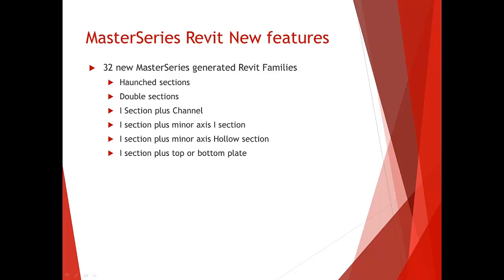Perhaps one of the most significant new features that we have in our MasterSeries 2014 Revit integration is the introduction of 32 new MasterSeries generated Revit families. These are all families that we sat down and wrote from scratch to accommodate a wide range of sections that we previously weren't able to export to Revit.